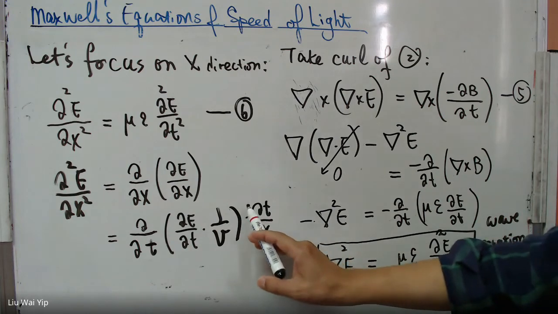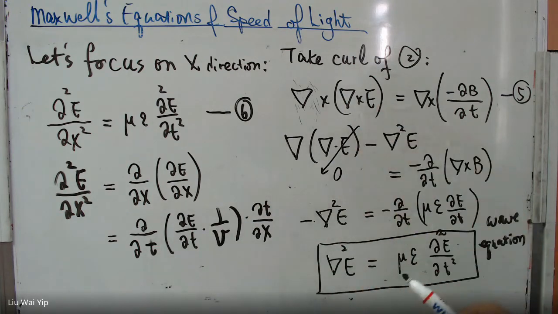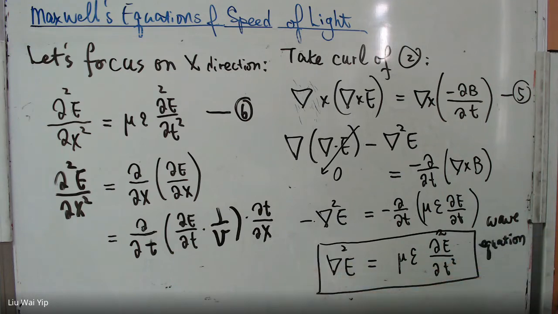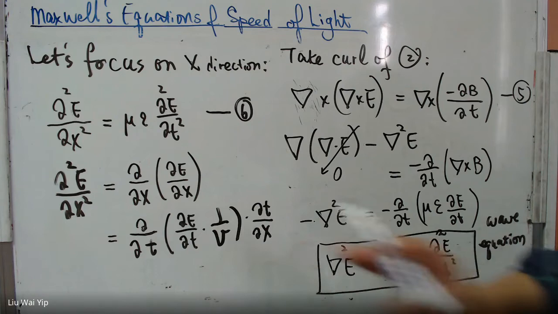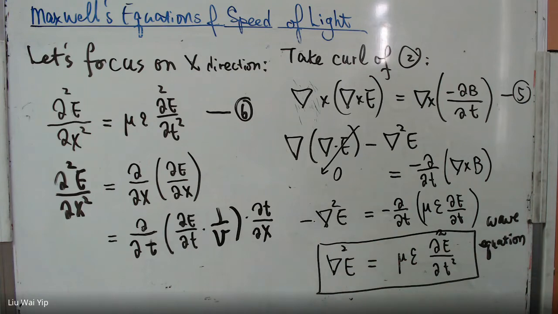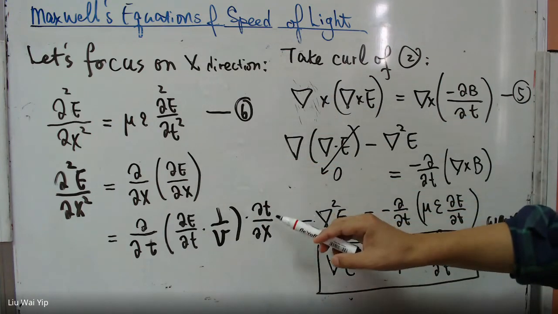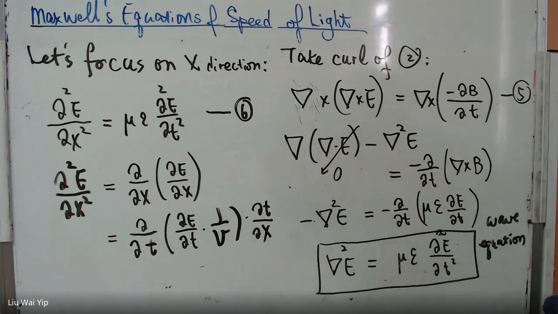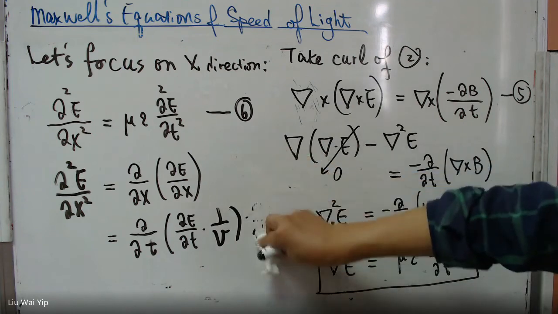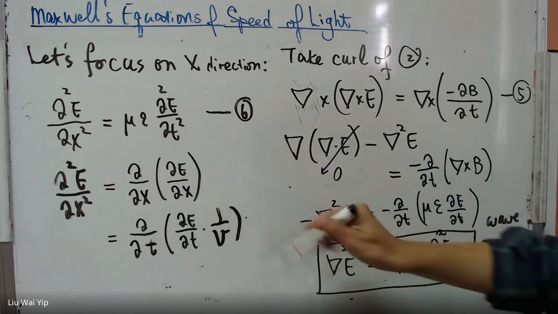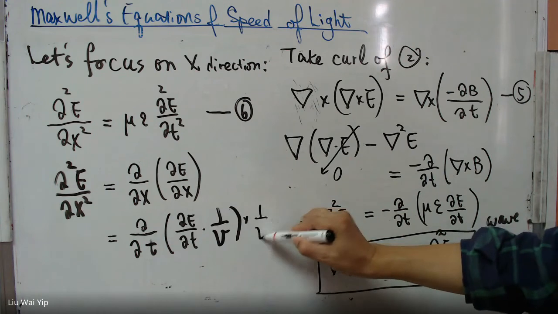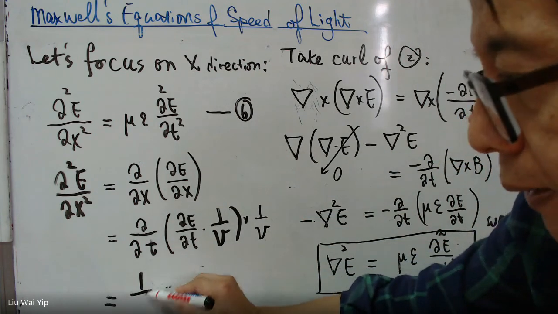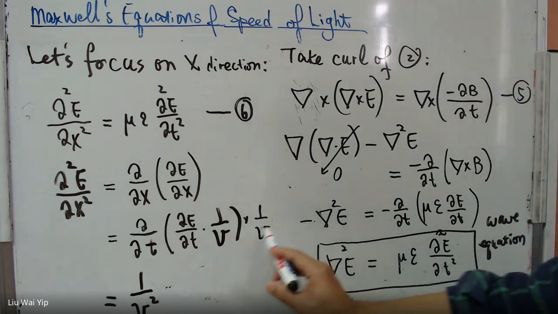So del t on the top and del t on the bottom can cancel out with each other, leaving only del x at the bottom. But now we are trying to simplify this expression. Again, del t over del x is 1 over v. So what we have here is 1 over v square, yeah? And then del E.